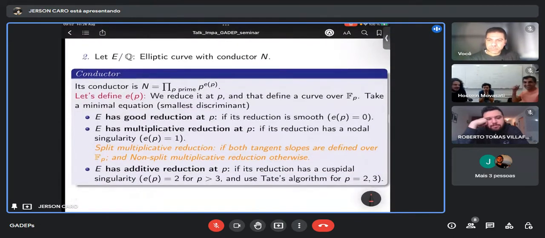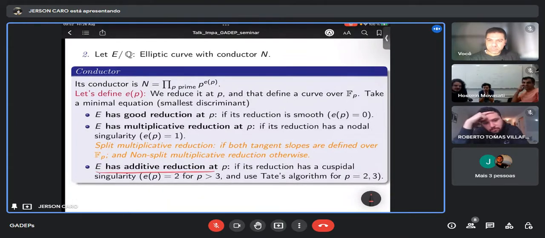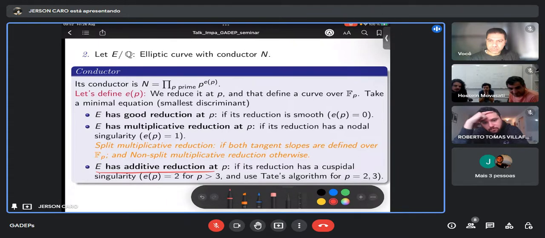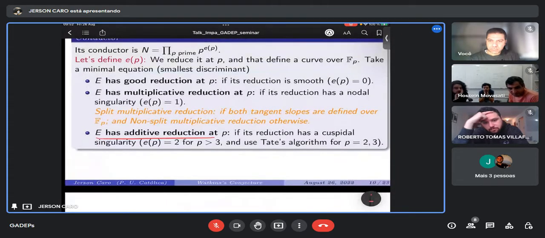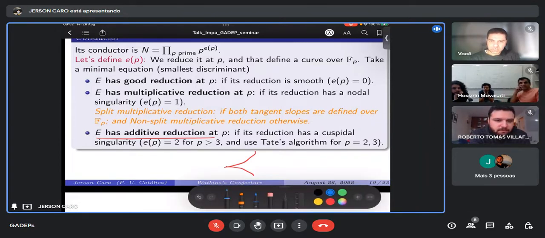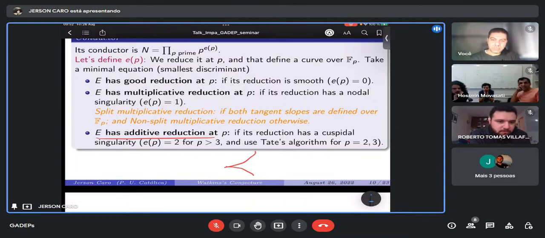And finally, we have this last case, which is additive reduction. What is additive reduction? It is when the reduction modulo P has a cuspidal singularity. The drawing of a cuspidal singularity is more or less this point here, which has only this tangent line.